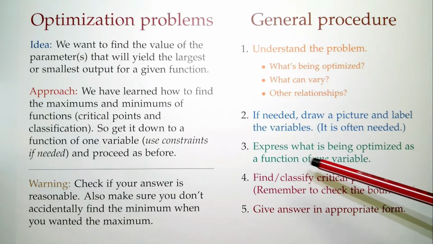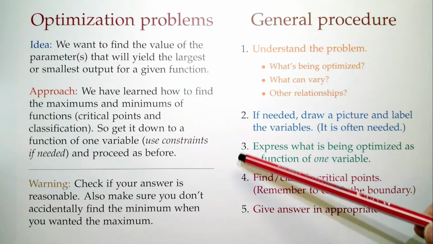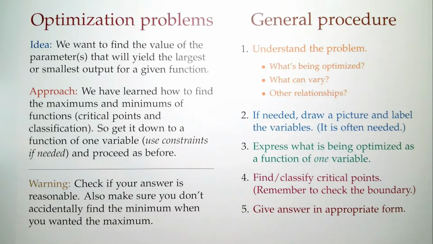The real important thing here is number 3. Figure out what it is you're trying to optimize and express it as a function of one variable. And once you've done that, you're like 80% of the way there. Because now you say, I have my tools. My tools are, I find the critical points using derivatives.